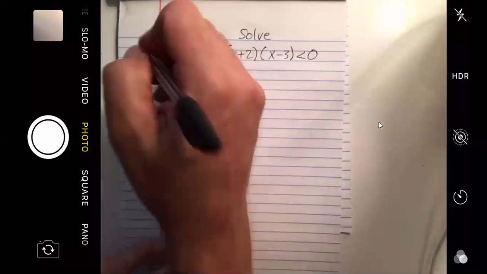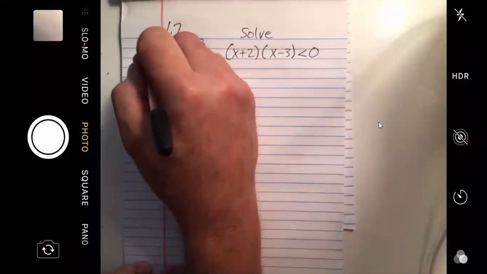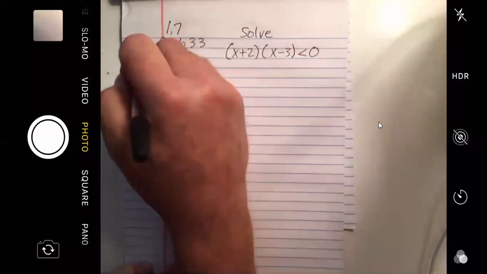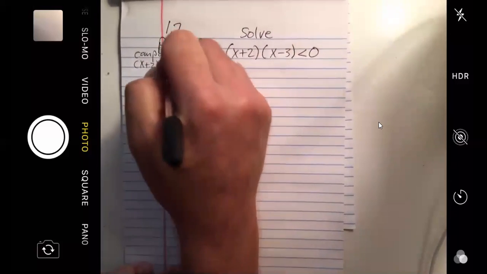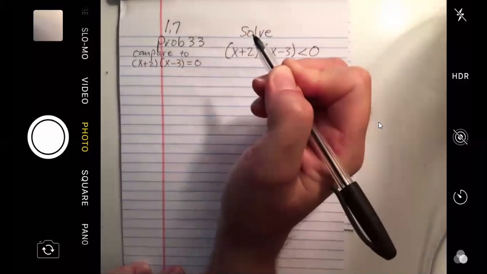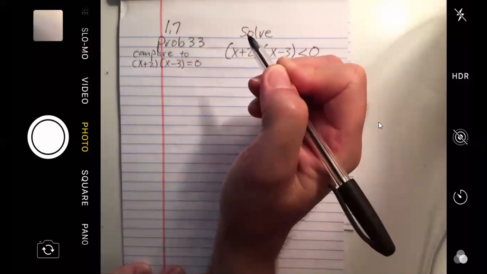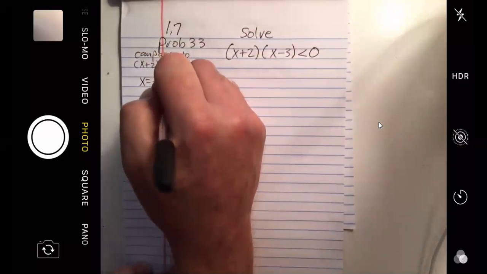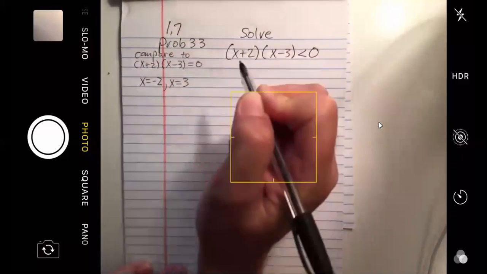Okay, this gets technical. Let's compare (x plus 2)(x minus 3) equals 0. Everybody would know to go x equals -2, x equals 3.